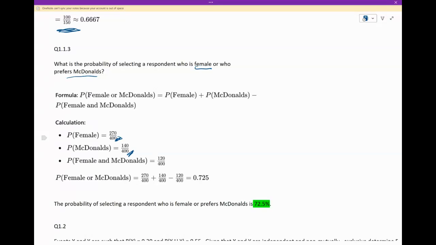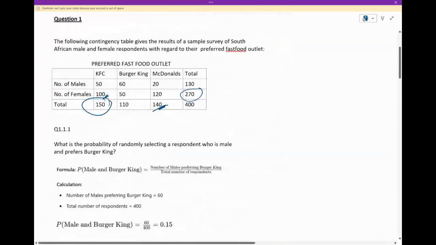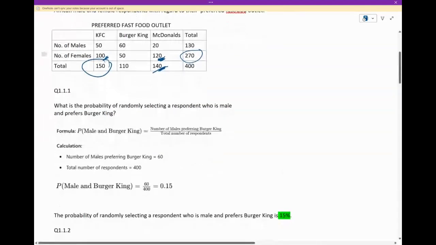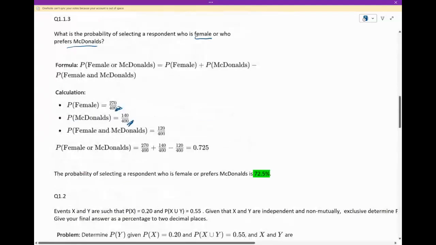So we need to remove the female McDonald's-preferring respondents. We go to our table and ask, how many are female and prefer McDonald's? 120, over 400. That's our probability there.